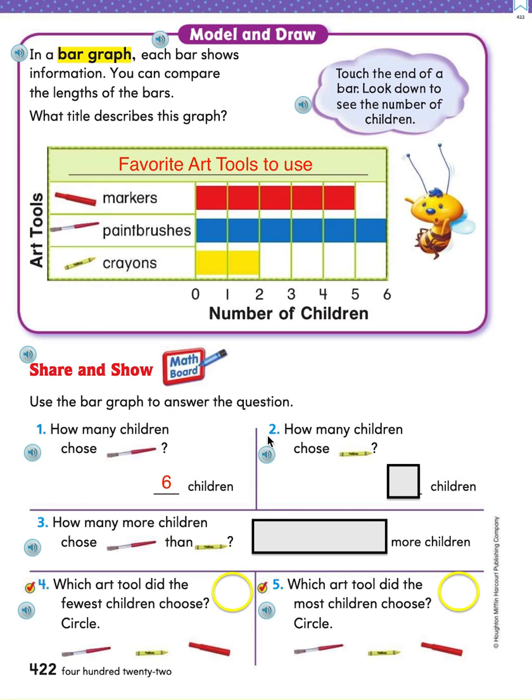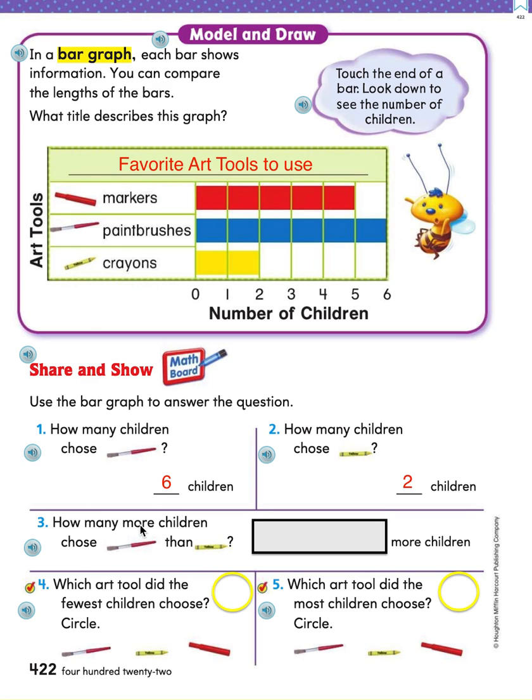Number 2, how many children chose crayons? So we go up to our bar graph, find crayons, trace the bar all the way over until it ends, go down to the number, and I know there are 2 children that chose crayons. Number 3, how many more children chose paintbrushes than crayons?